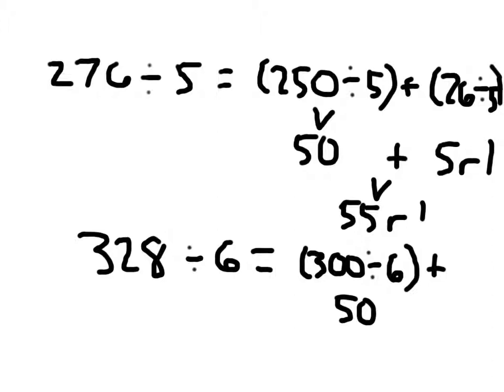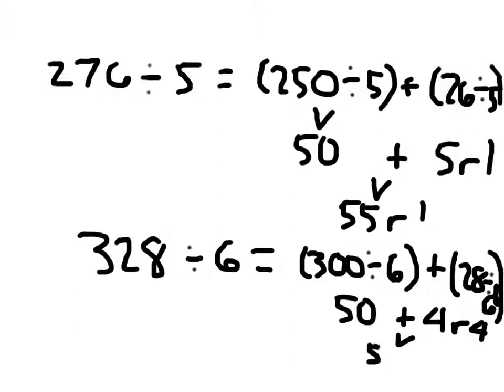And then 28 is left over, divided by 6. That should be an easy fact to figure out. 28 divided by 6, let's see, that's 4 with the remainder of 4. Put it together with our other part that we had decomposed, and we got 54 with a remainder of 4.